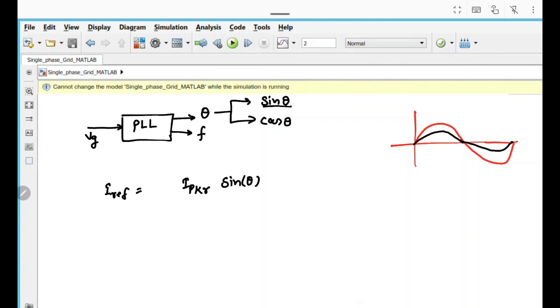And from the grid we have the actual current, IG.